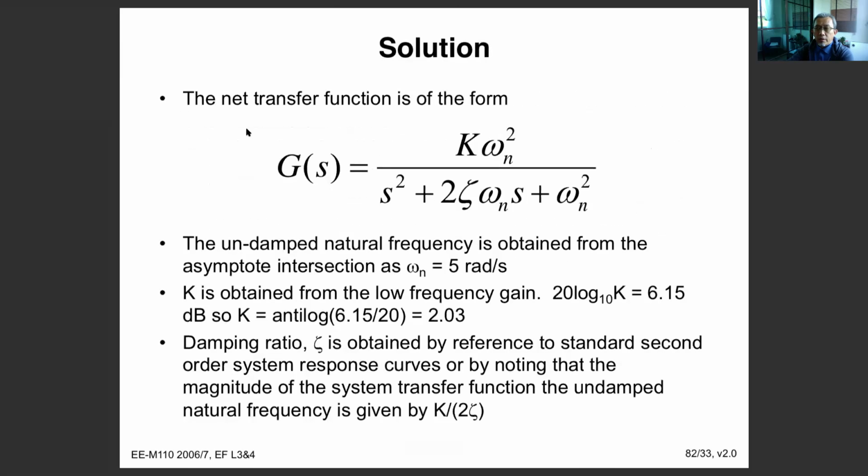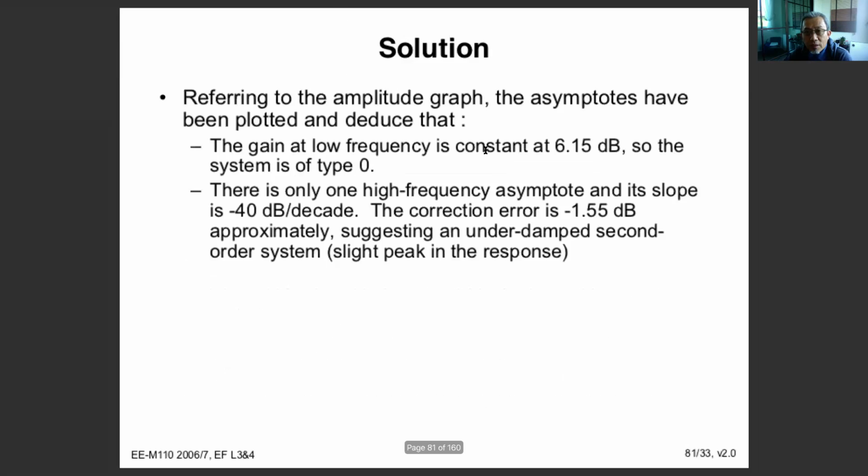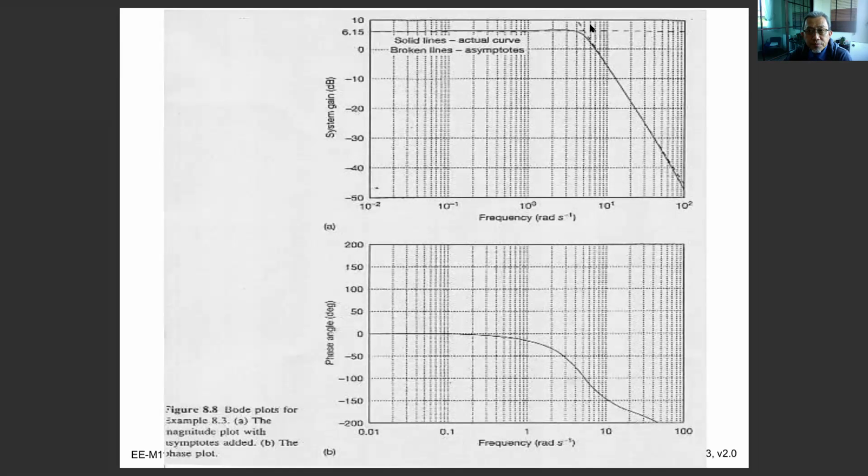So the transfer function model structure for the second order system is given by K omega n squared over s squared plus 2 zeta omega n s plus omega n squared. The undamped natural frequency is obtained from the asymptote intersection, which is 5 radian per second, located over here.